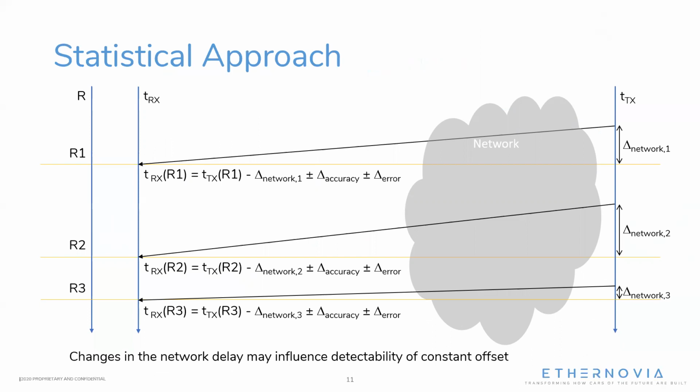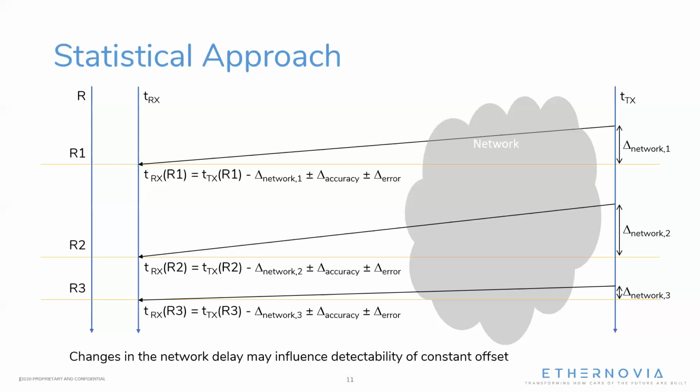And now we can actually check for the statistics of these arrival times and the timestamps. And if we roughly know what we want to allow for delay in the network and what overall accuracy is, then we can probably check whether the client is looking at the same clock as we do in the receiver.